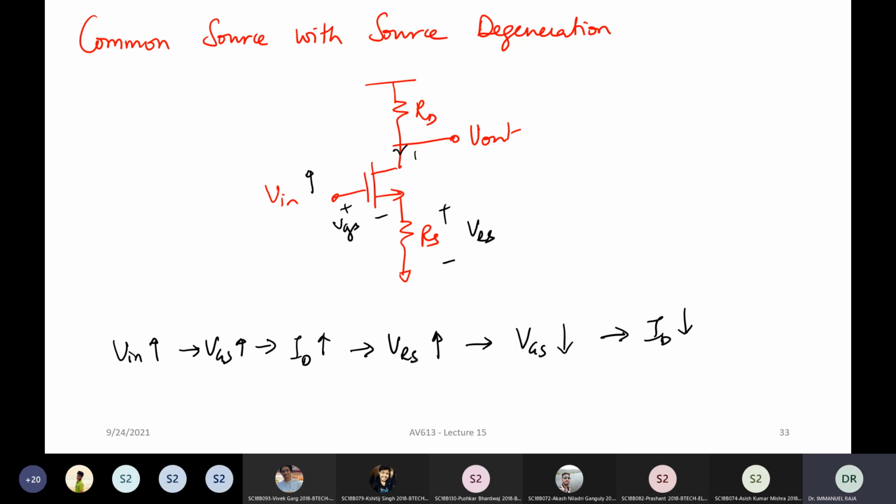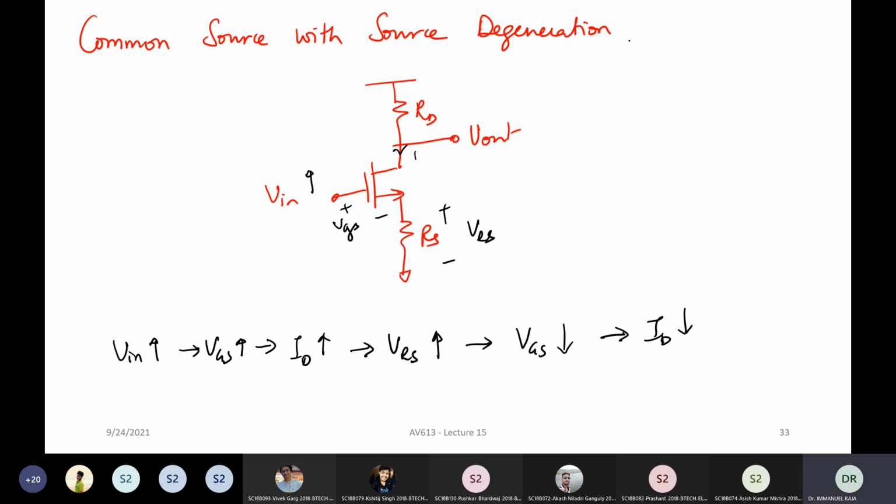In other words, when you put a degeneration, the circuit always tries to bring it back to the original state. It's a negative feedback system, right? You made one disturbance in the system, but the system worked in such a way that it comes back in the opposite direction.